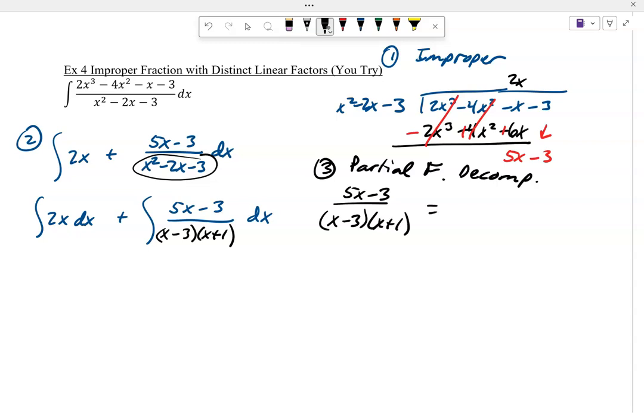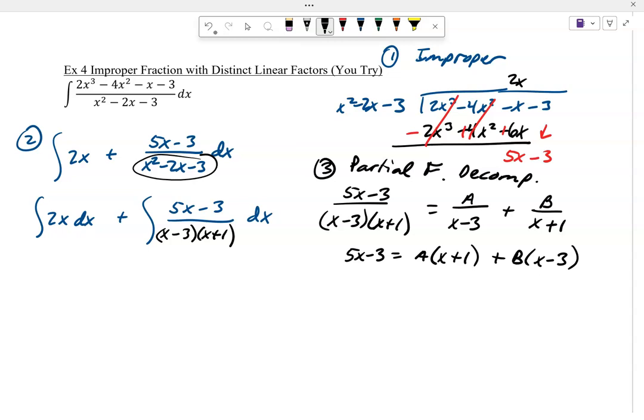I have distinct linear factors, right? So I'm going to write A over the x minus 3 and B over the x plus 1. I'm going to multiply everybody by x minus 3, x plus 1. So I have 5x minus 3 equals A times x plus 1 plus B times x minus 3.